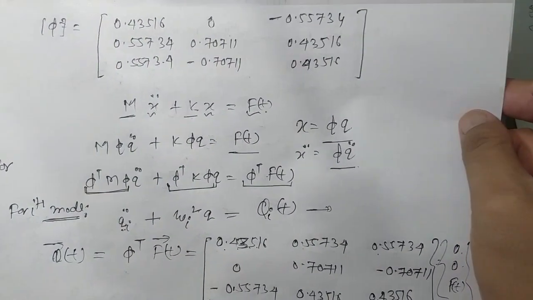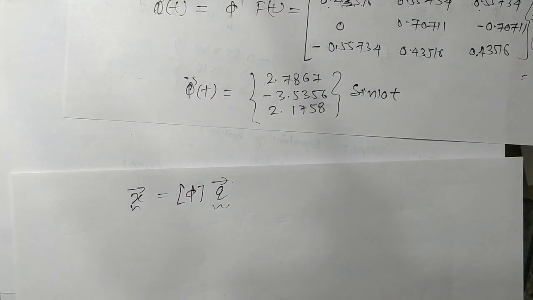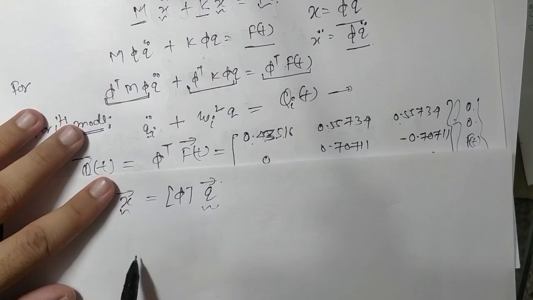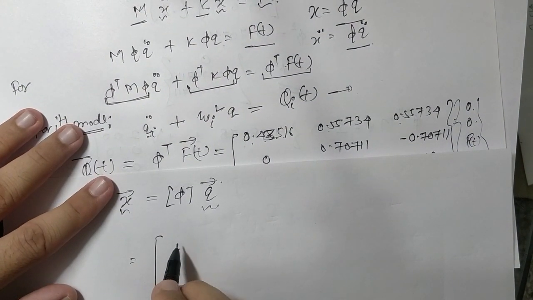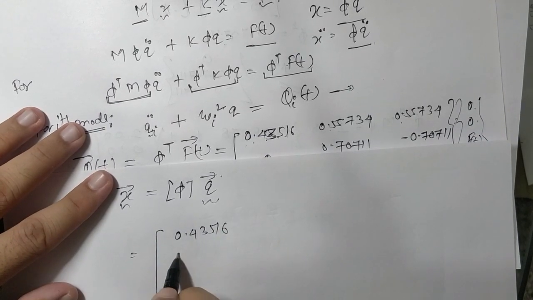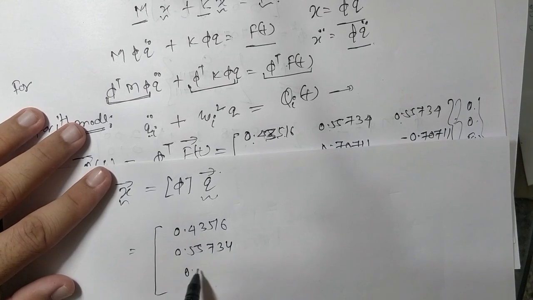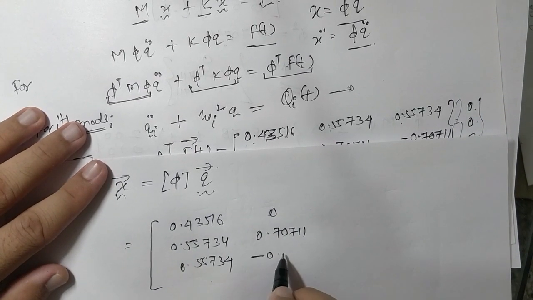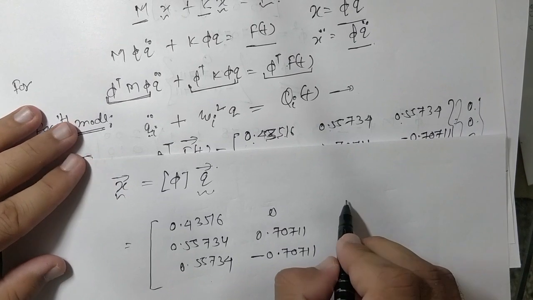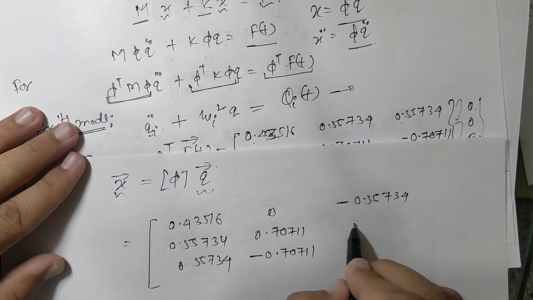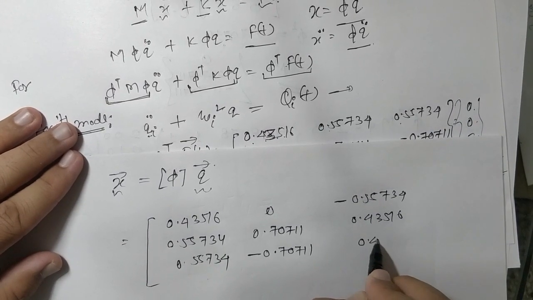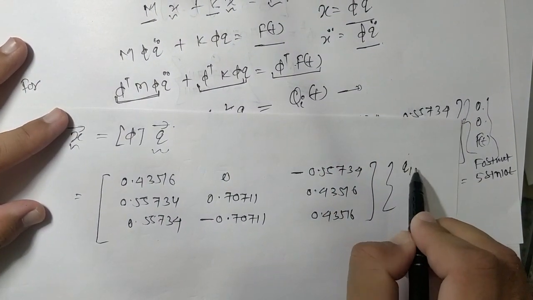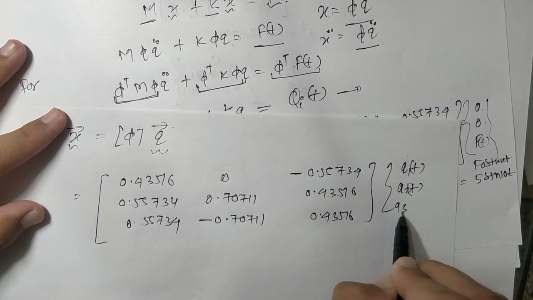So we can put the modal matrix here: 0.43516, 0.55734, 0.55734, 0, 0.70711, minus 0.70711, 0.55734, 0.43516, 0.43516, and q we already know in the form of q1(t), q2(t) and q3(t).